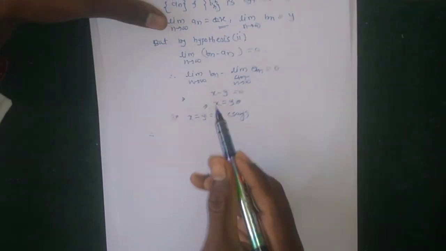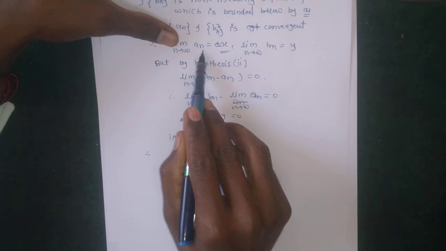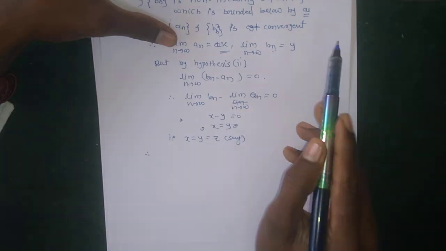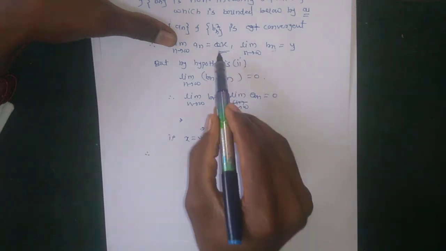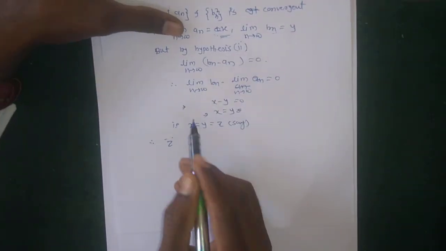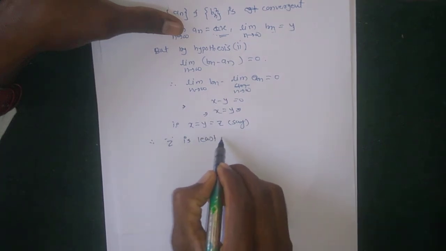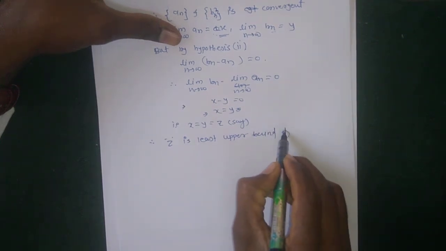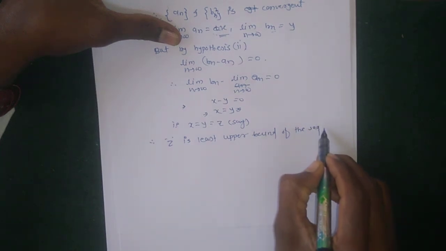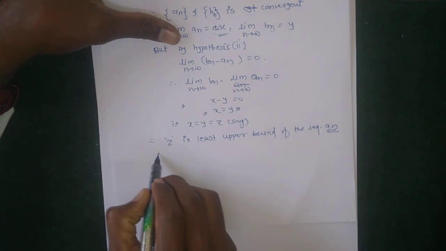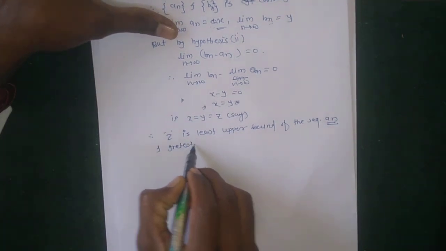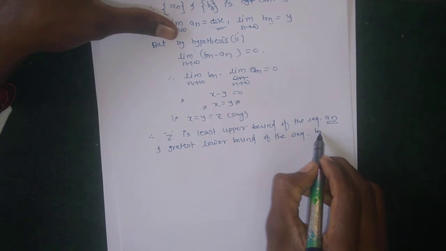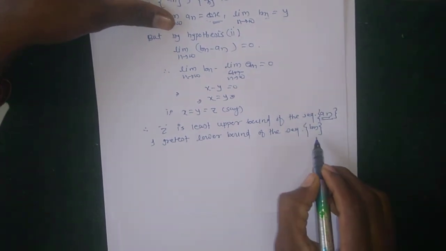And therefore, given the sequence An is increasing and bounded above, and the sequence Bn is decreasing and bounded below, and they have the same limit Z, Z is the least upper bound of the sequence An and the greatest lower bound of the sequence Bn.